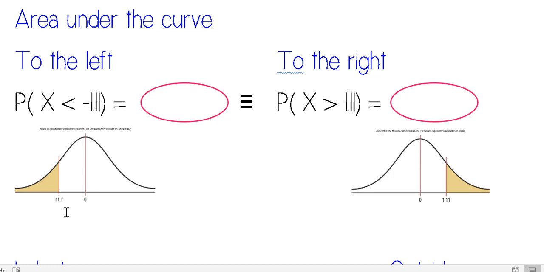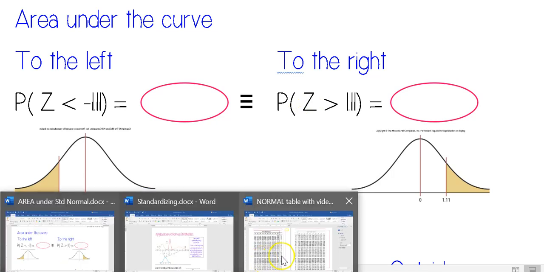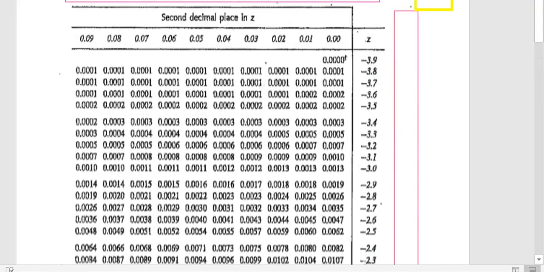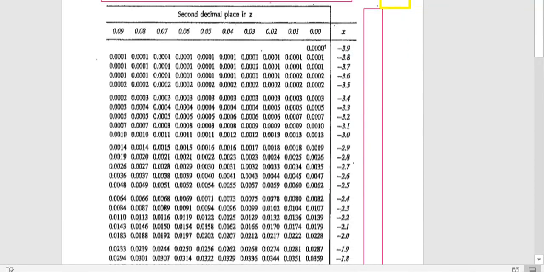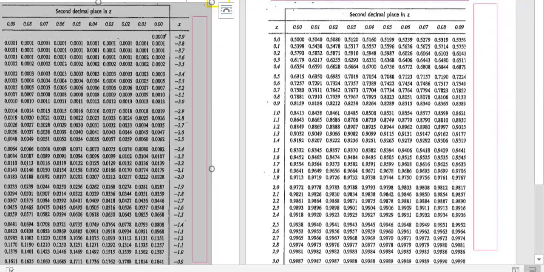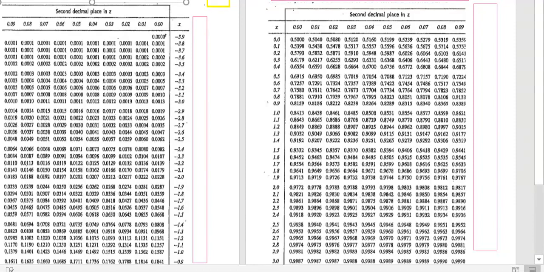So to find the area under the curve to the left of, oh, I got some typos here, z equals negative 1.11, I will have to consult my normal table. If I'm looking at negative 1.11, I want to look at the negative side of my table. I'm going to go down in the rightmost column to negative 1.1, so I'm going to hold that place.